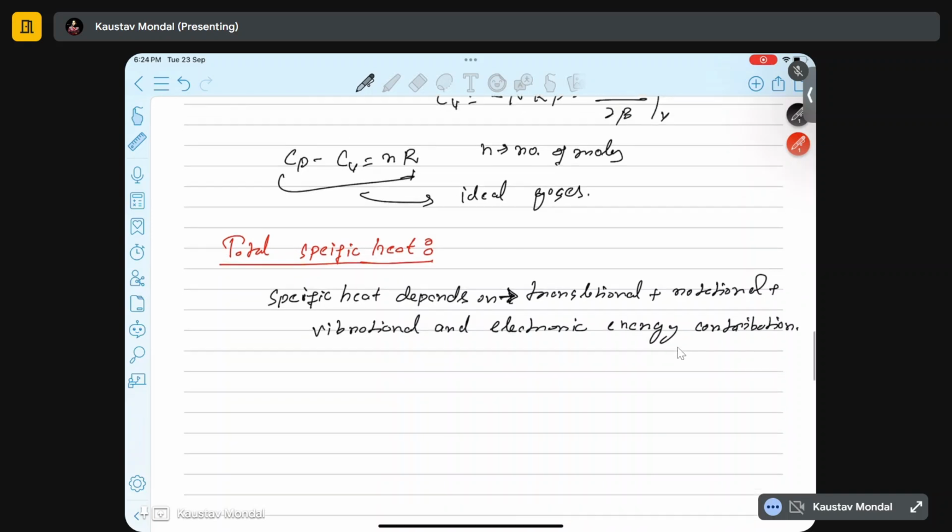So what does that mean? That means that all four cases you have to calculate in order to calculate the specific heat.